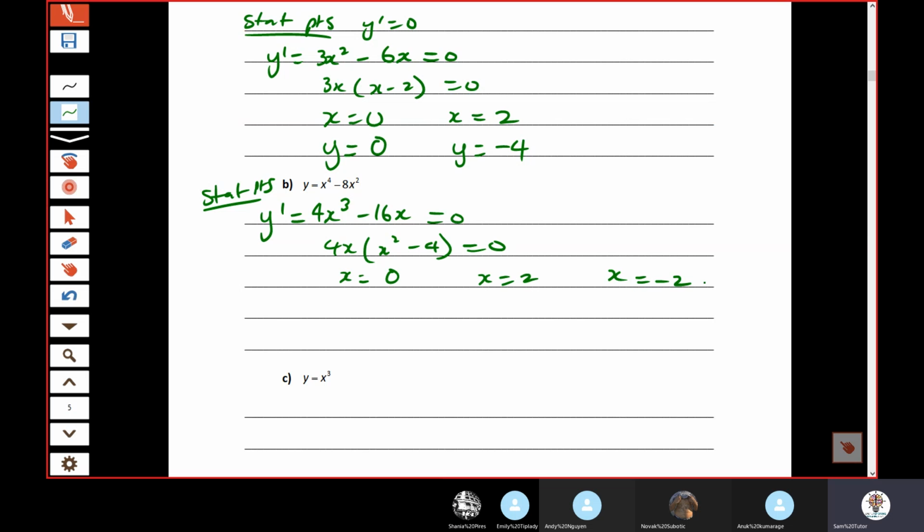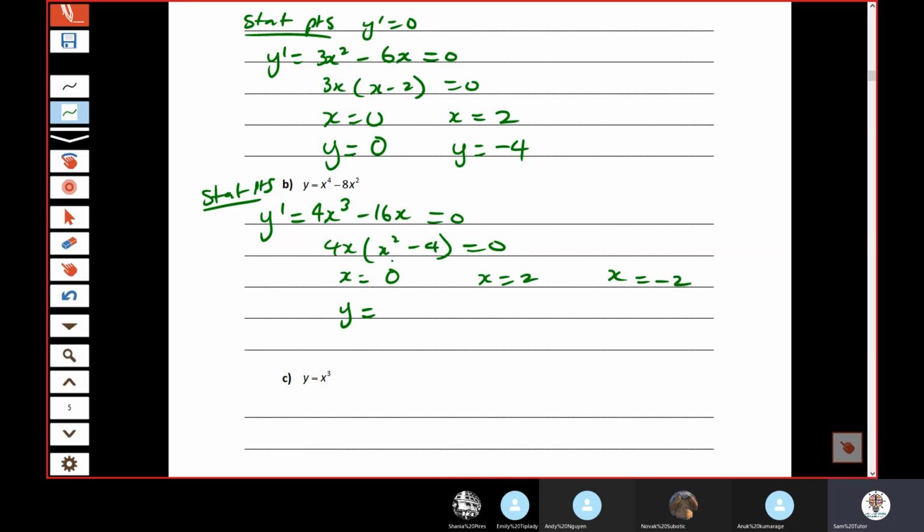If you do your working out the way I'm showing it to you, then it's nice and neat. Look how I didn't write plus minus 2. I wrote x equals 0, x equals 2, and then I'm going to write my y values just underneath. I feel like it just looks neater. Things make more sense. You can see it a little bit easier. y equals, where do I sub in 0? The original.